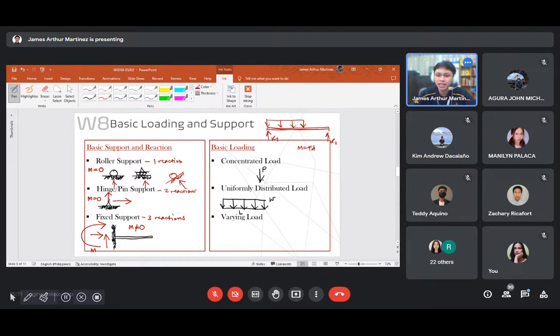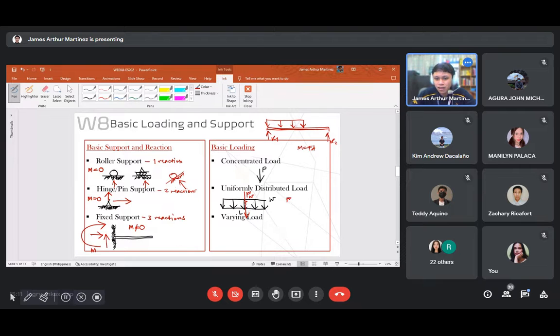Right? So with that, we will just convert it into a concentrated load. We will just resolve it into its equivalent concentrated load. So how do we do that?